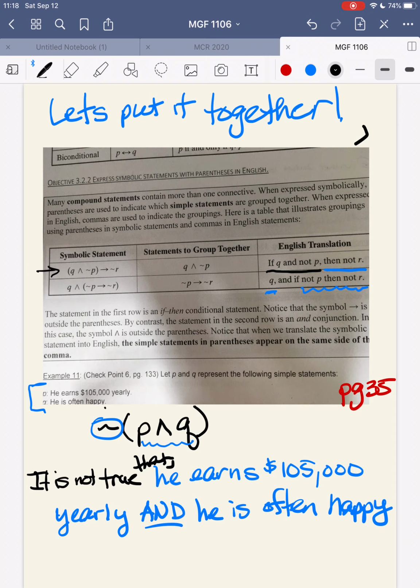So put that comma in your wording. It would help if somebody were to look at your statement and want to get back to its original symbolism.